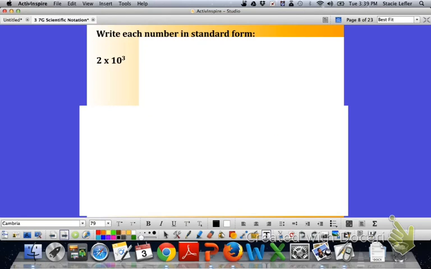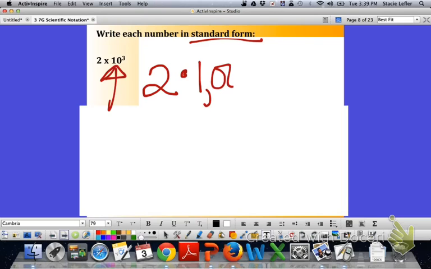Let's first look at changing scientific notation into standard form. So we have our number 2, and we're multiplying it times a power of 10, 10 to the third. Well, that's the same thing as taking it times 10 times 10 times 10, which is 1,000. So we end up with 2,000.